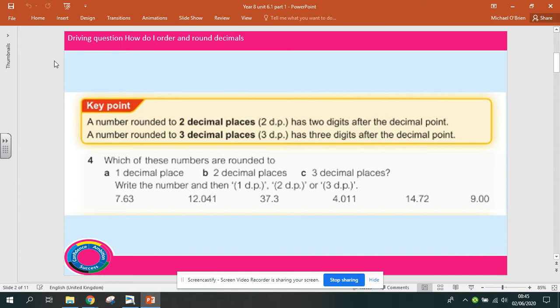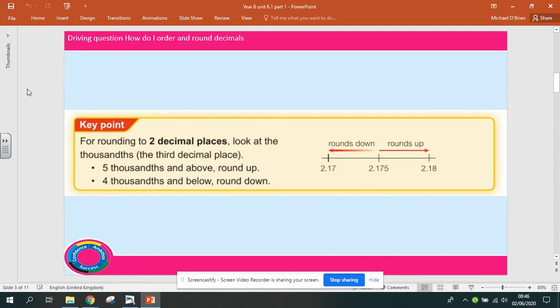And 9.00 has 2 decimal places. I hope that is understandable. So let's move on to the next one.